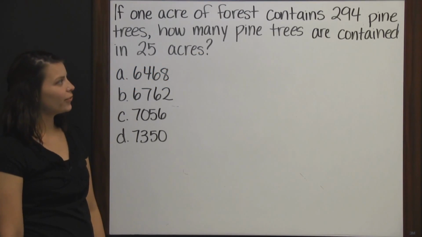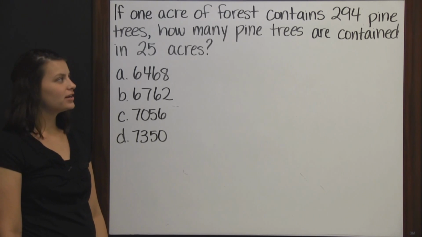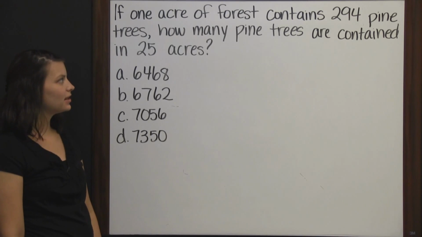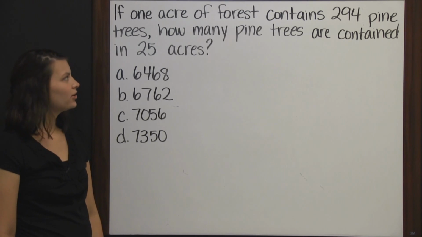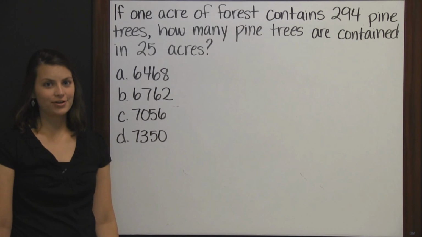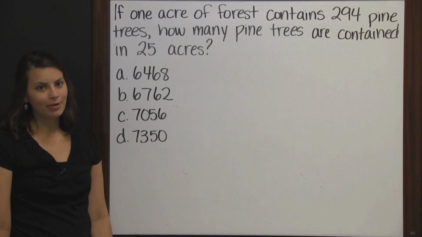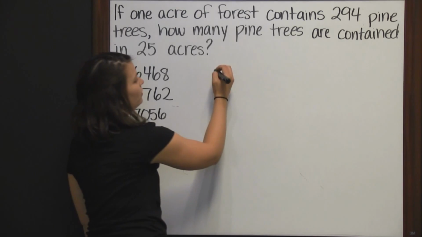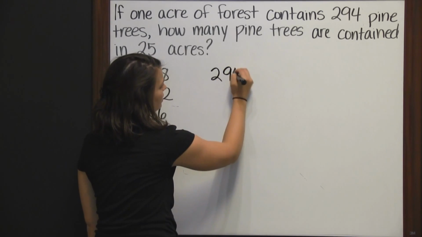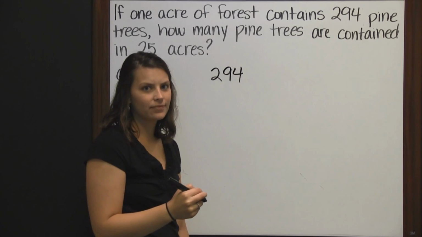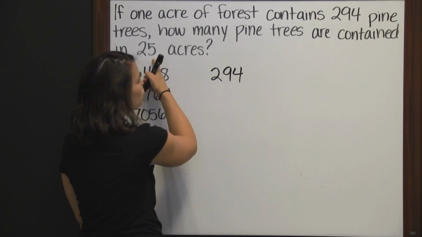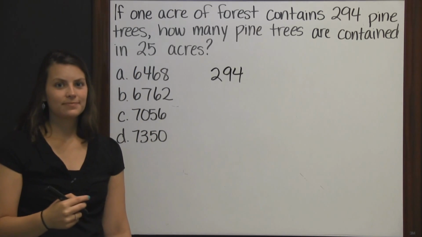If 1 acre of forest contains 294 pine trees, how many pine trees are contained in 25 acres? This is a multiplication problem. There are 294 pine trees in 1 acre, and we have 25 of those.